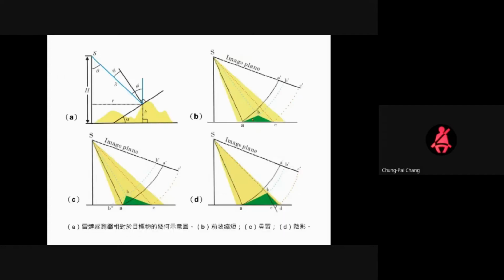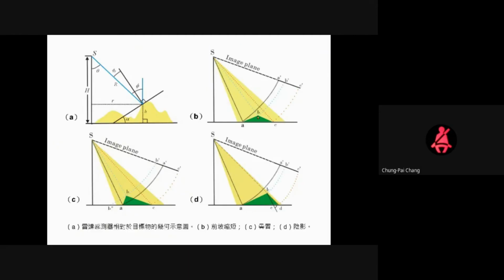You can see in this cartoon, for this mountain A, B, C is symmetric, but for the returning time, A prime and B prime is much shorter than B prime C prime. That is why this slope will be shorter.